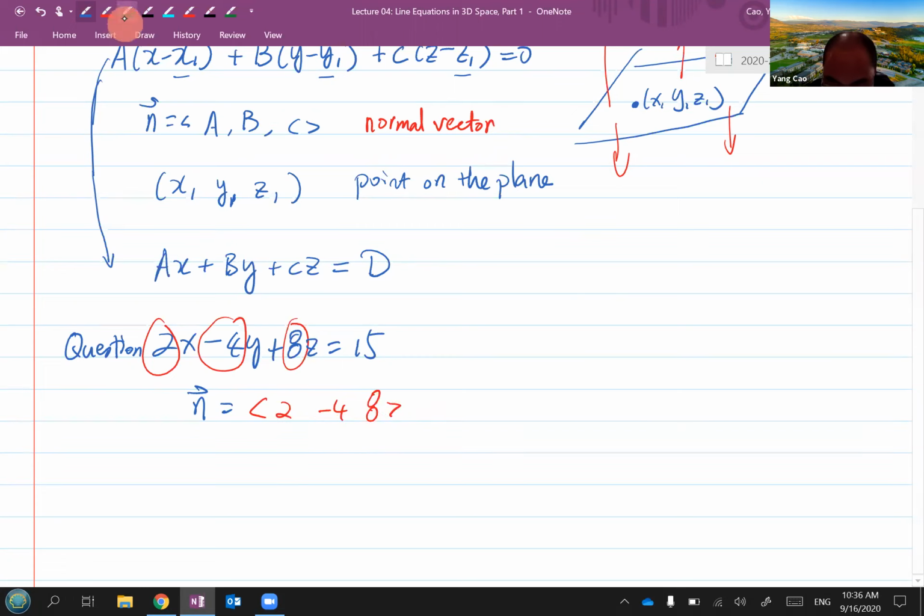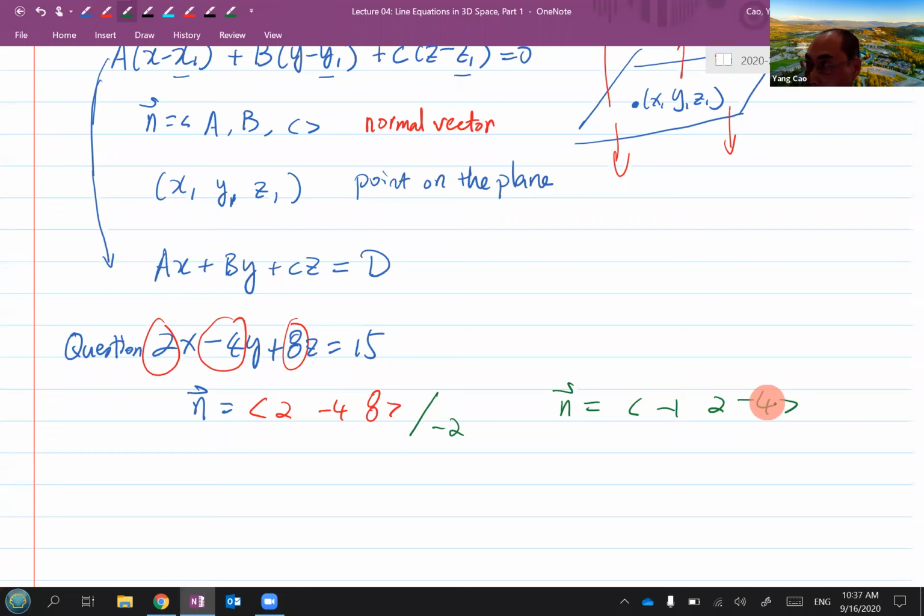So if I actually divide this by -2, you will get the third one, which is -1, 2, -4. Right, so that's another possible normal vector to this plane.